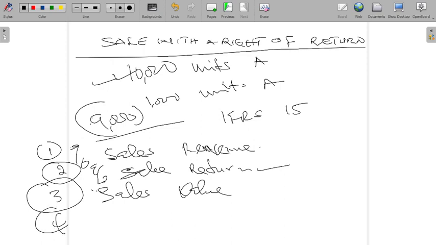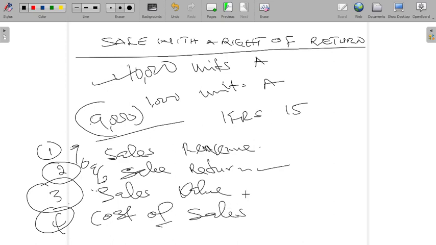Then point number 4, the percentage of the cost value or carrying amount of the goods that is not expected to be returned by the customer should be recognized as cost of sales in the profit or loss. So this is cost of sales.